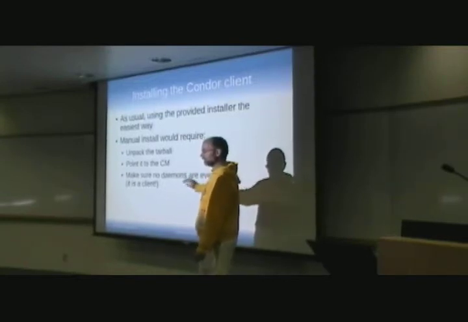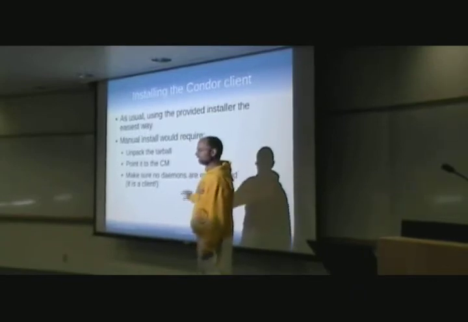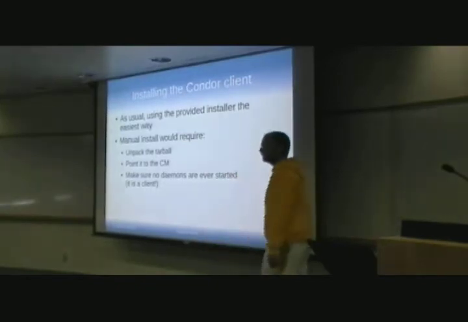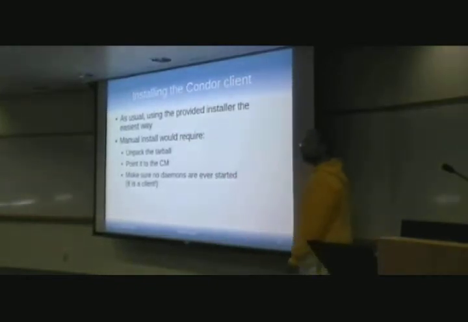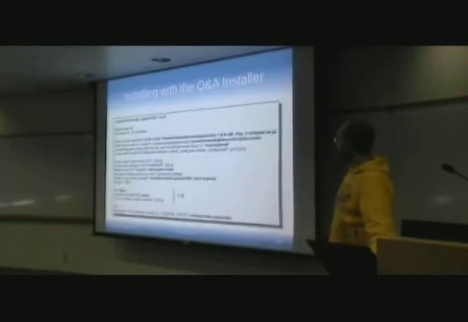Condor by default starts at least something. And making sure that nothing ever starts is important if you want just a client. And put it in the path, essentially. That's all you need. But the installer will do all the fancy stuff, including the GSI setup and stuff like that, which is nice.